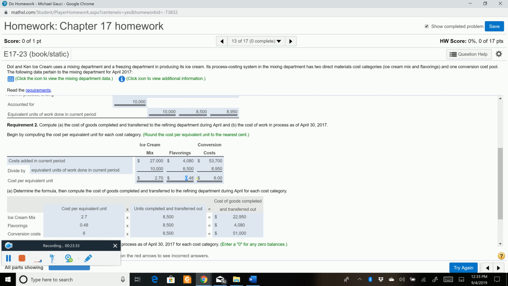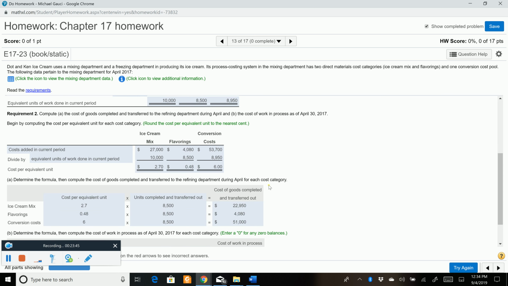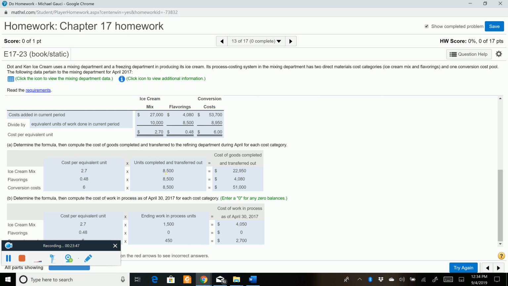For flavorings, it was 48 cents. And for conversion cost, it was $6. If we multiply it by the equivalent units that were transferred out, which is 8,500 across the board, we get the cost of goods that are being transferred out.